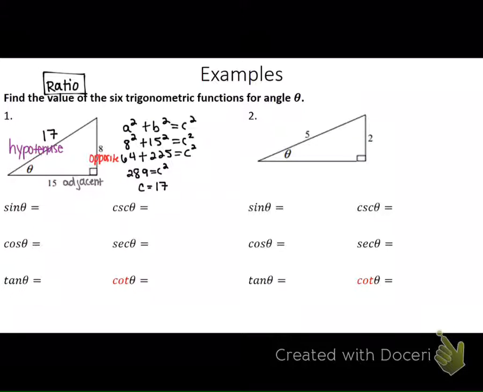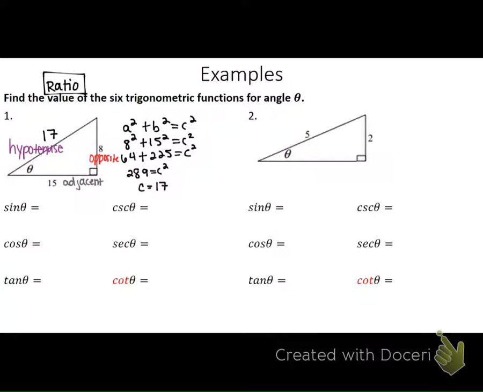So the first thing it asks for is the ratio of the sine of theta. We know sine is opposite over hypotenuse. So Rob, if sine is opposite over hypotenuse, what number do we put in for opposite in this triangle here? Sine is opposite over hypotenuse.